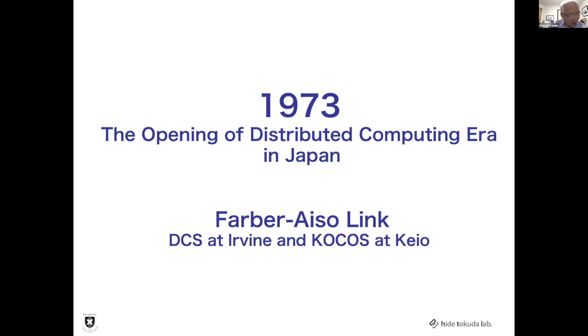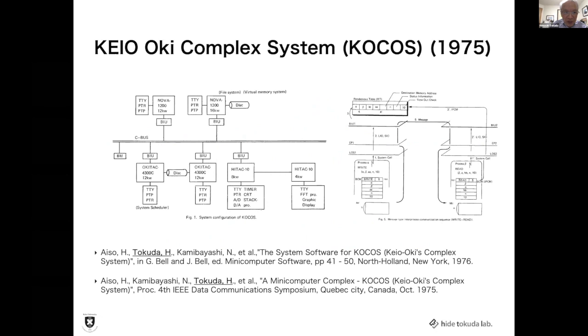At that time, Jun and I were students at Keio. Back in 1973, I was an undergraduate student in Aiso lab working on distributed systems. This is a picture of the Keio Oki complex system called COCOS back in 1973. In 1975, this is a picture of the final shape.